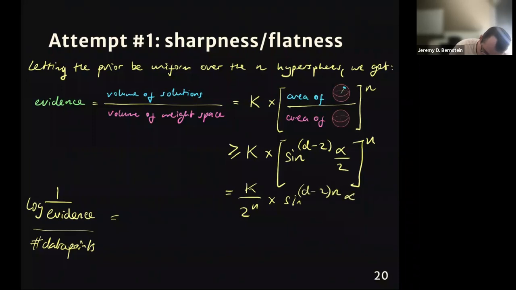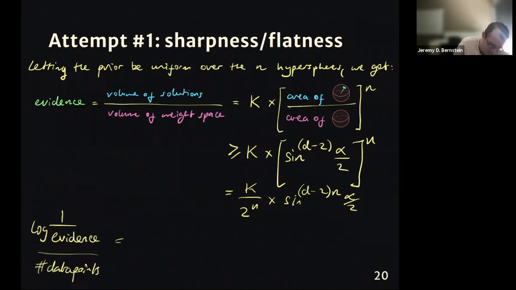So log of 1 over the evidence is equal to n log 2 plus n times (d minus 2) times log of 1 over sine of alpha over 2, minus log k.